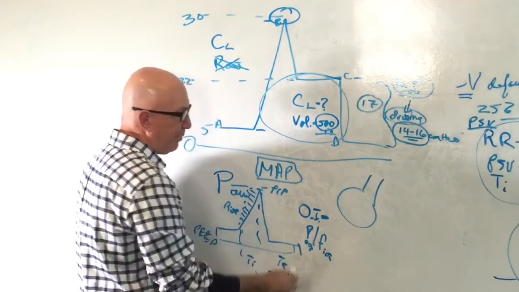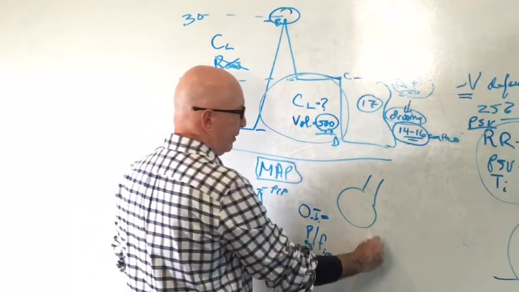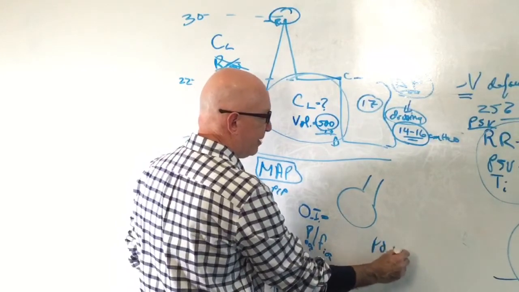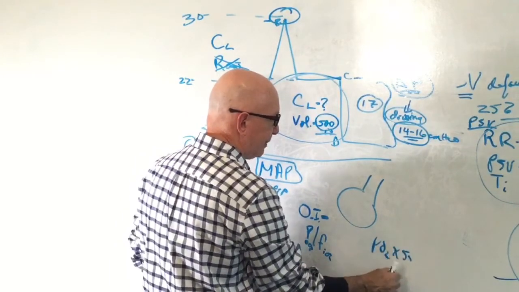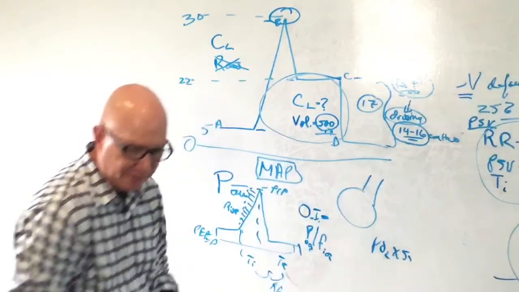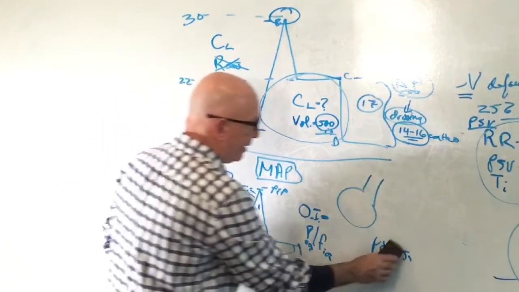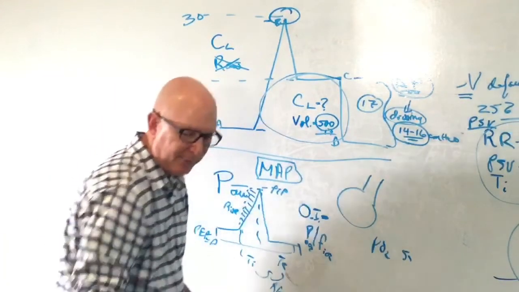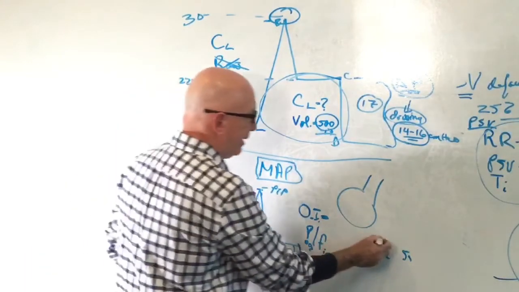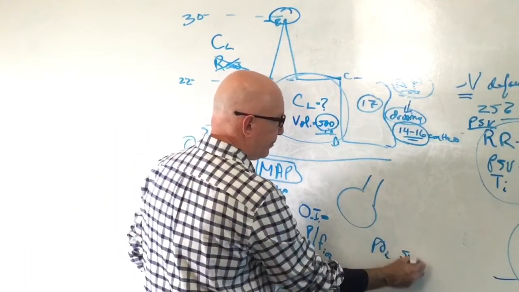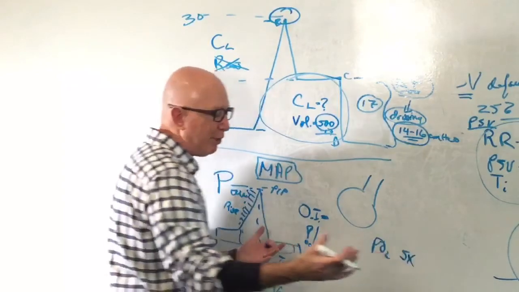Typically, we should have a PO2 which is approximately 5 times our FiO2. Breathing room air, the best PO2 we could get is 100, so 5 times 0.21, or 21.